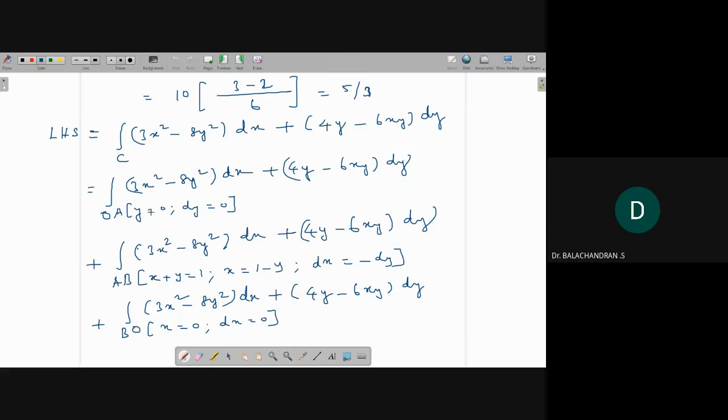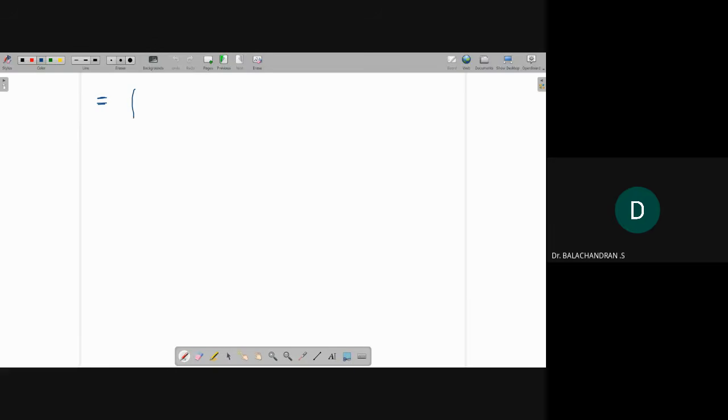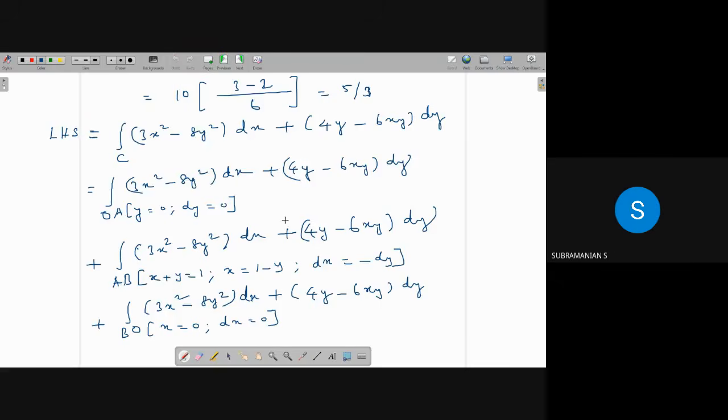When y is 0, dy is 0. Integration of 3x square dx. Yeah, actually this part is 0 in the first integral, because dy is 0.